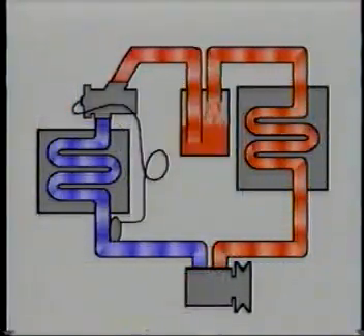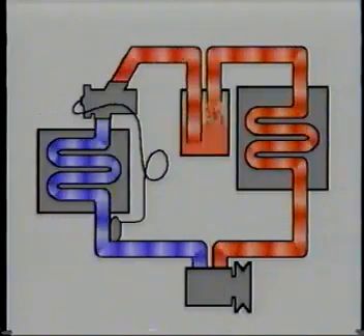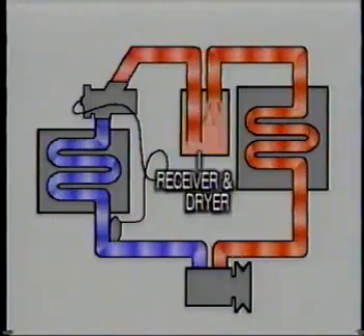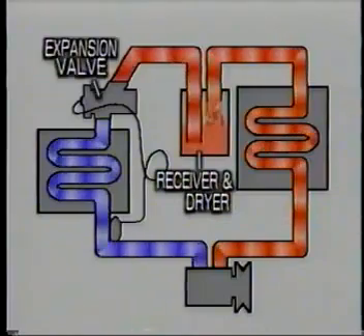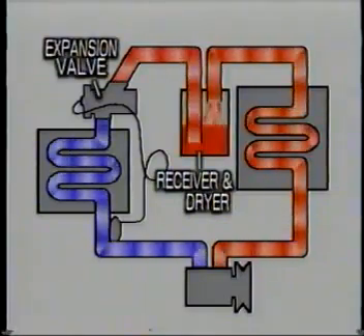An actual car air conditioning system consists of these three components, plus the receiver and dryer unit, and the expansion valve.